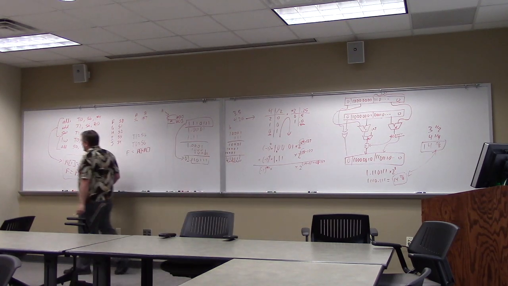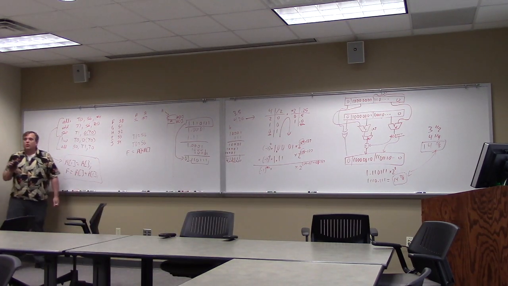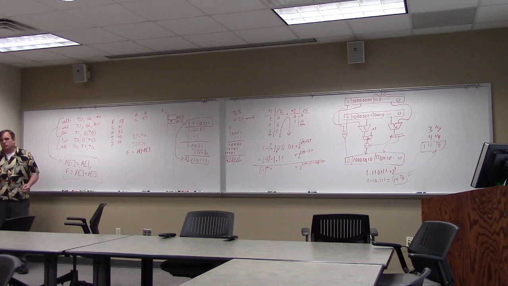Okay. So, for forwarding, I'm not going to build the whole circuit right now because you don't need to know that, because you have to have the rest of the pipeline. To do the whole forwarding thing, you need what we're going to do in chapter 4.